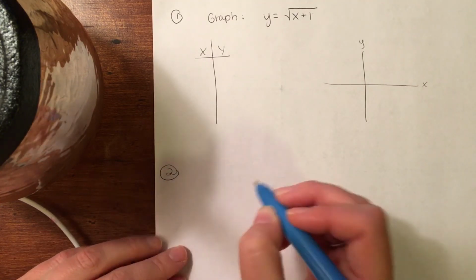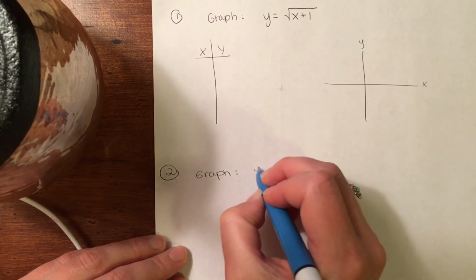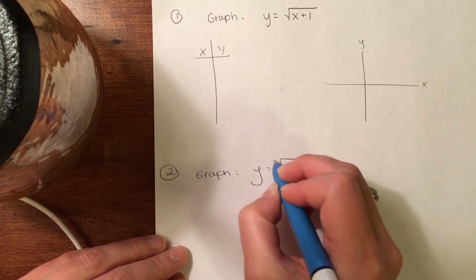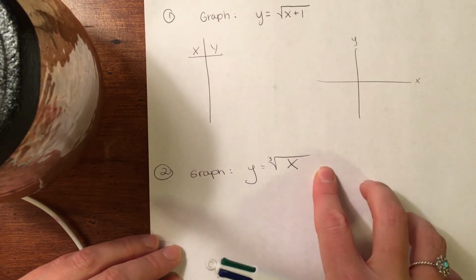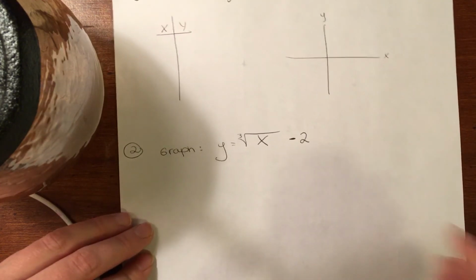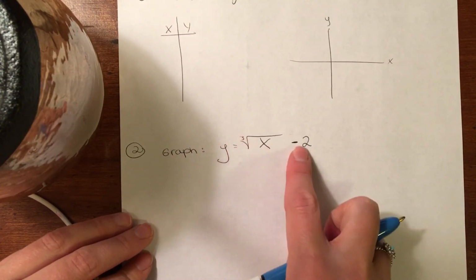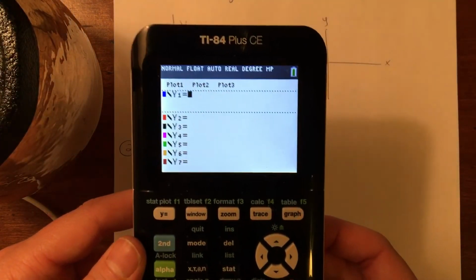For 2, I want you to graph a cube root, so y is equal to the cube root of x, and now I'm going to shift it up or down. So I'm going to shift it down 2, okay? Y is equal to the cube root of x minus 2. So careful with this one. I'm going to show you how to do this.